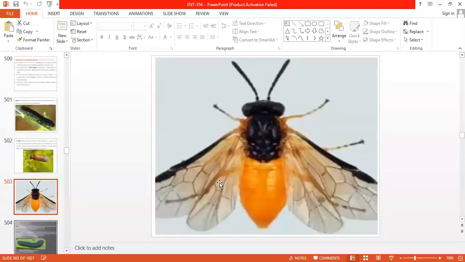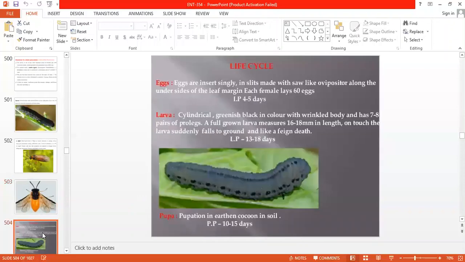Wings are translucent, the marking on the wing is blackish in color, and the head and thorax are blackish in color.